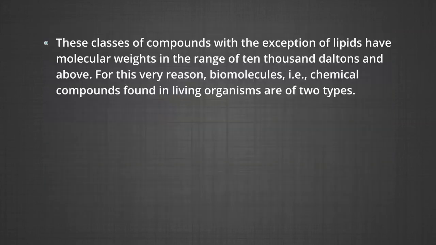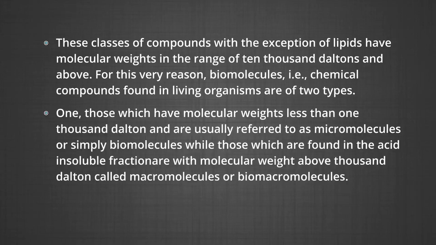These classes of compounds, with the exception of lipids, have molecular weights in the range of 10,000 daltons and above. For this very reason, biomolecules, that is chemical compounds found in living organisms, are of two types.